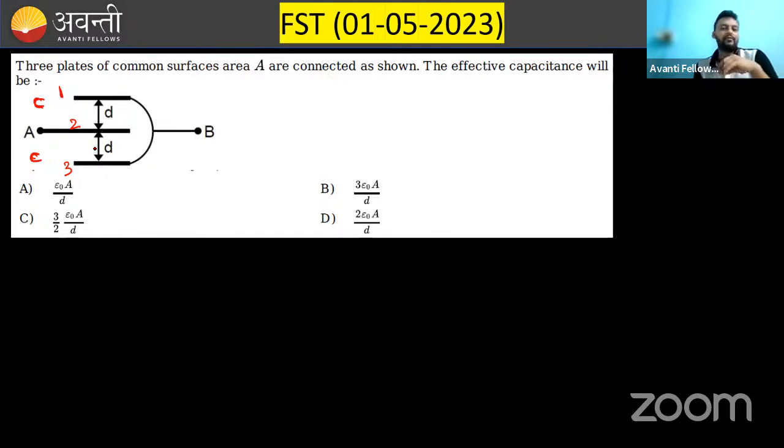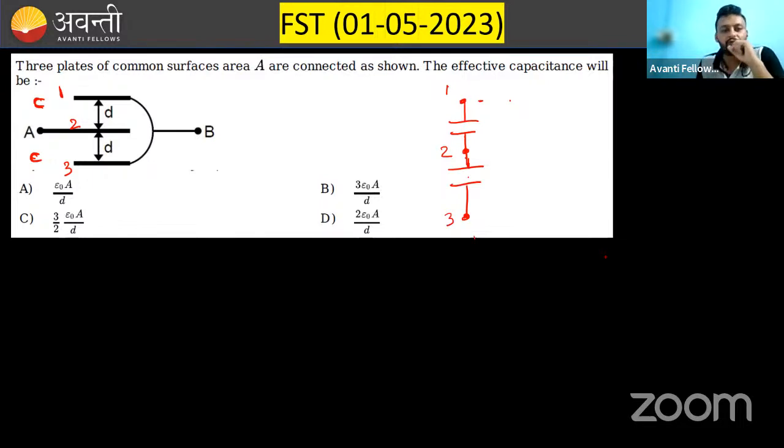Now, we want to calculate the effective capacitance between points A and B. So you can clearly see that there are 2 capacitors, let's suppose these are the 2 capacitors. This is plate 1, this is 2, and this is 3.